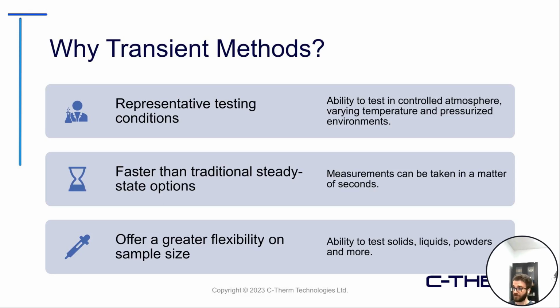And then lastly, we offer generally a greater flexibility on sample type and sample size. So we can do different methods, can measure solids, liquids, powders, etc. And generally quite small. For a measurement on the MTPS, for example, you can get away with something that's just a few millimeters thick, approximately 20 millimeters in diameter.